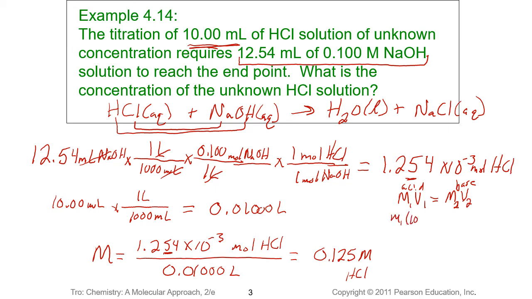You can plug in the volume of your acid. We know the molarity of the base. We can divide by the 10 milliliters to get it on the other side. And we end up with the same answer.